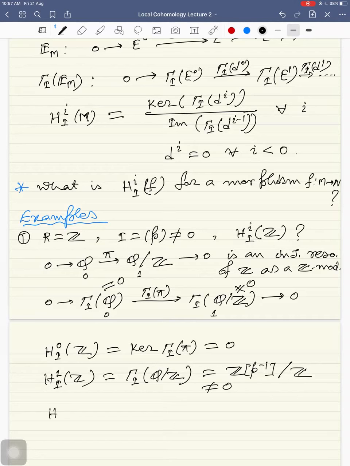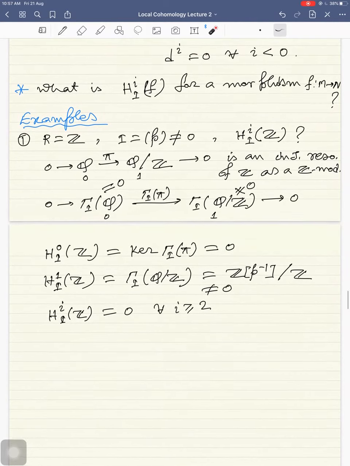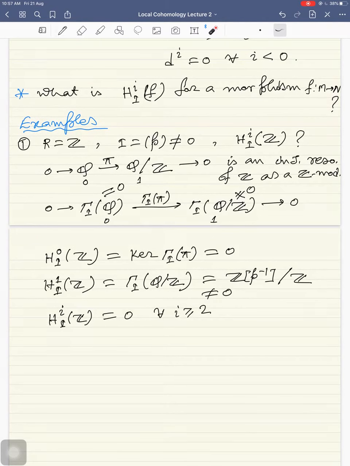And what about all higher local cohomology modules of Z? That is just 0 for all i greater than or equal to 2, because from 2 onwards there is nothing, so everything is 0 in this portion. So from 2 onwards all local cohomology modules of Z with respect to I are 0.